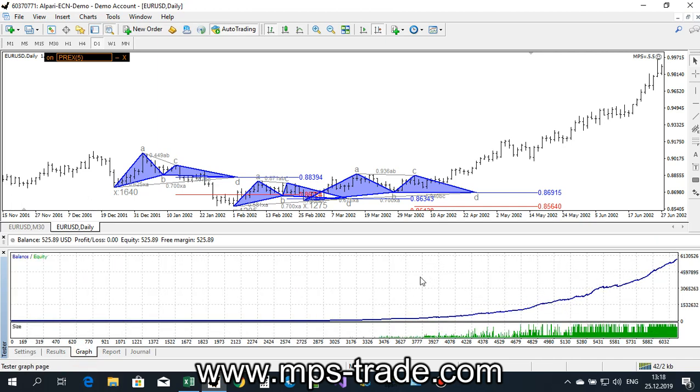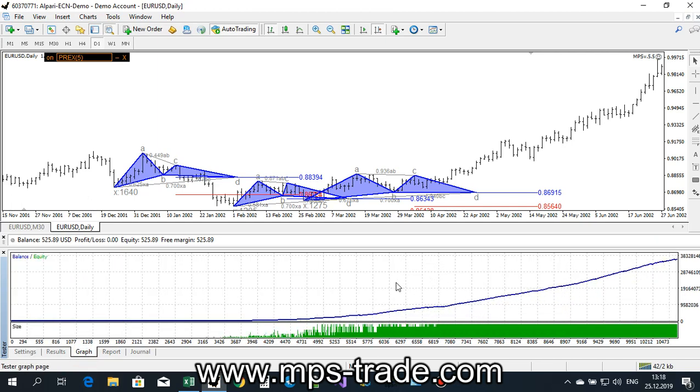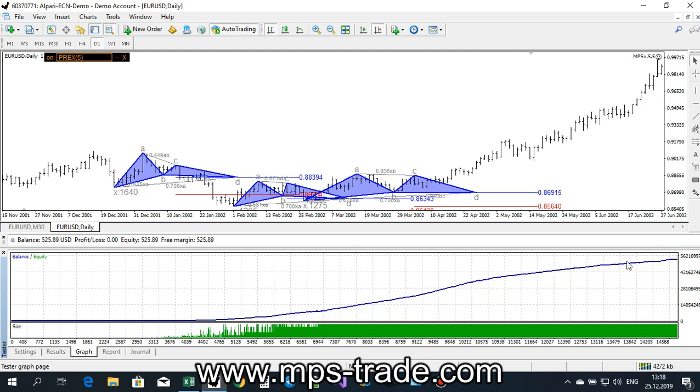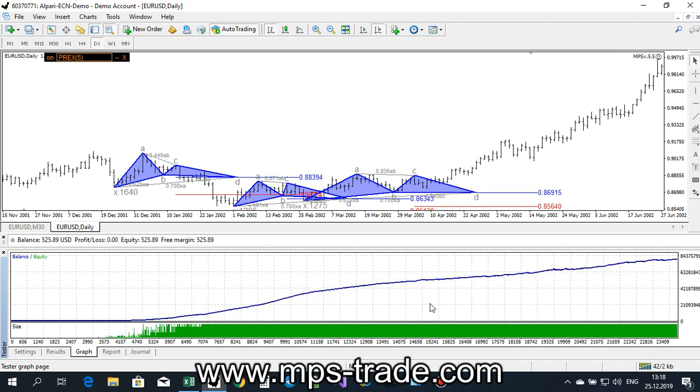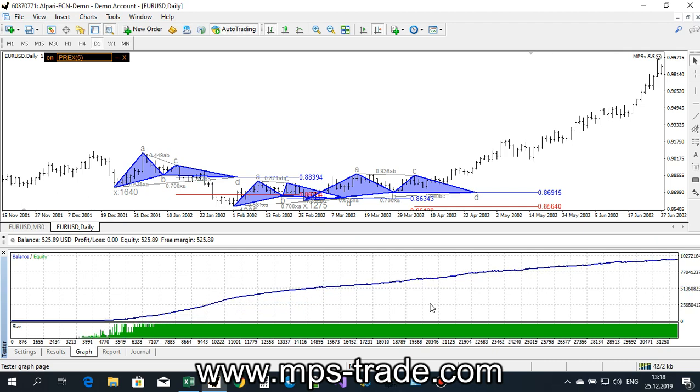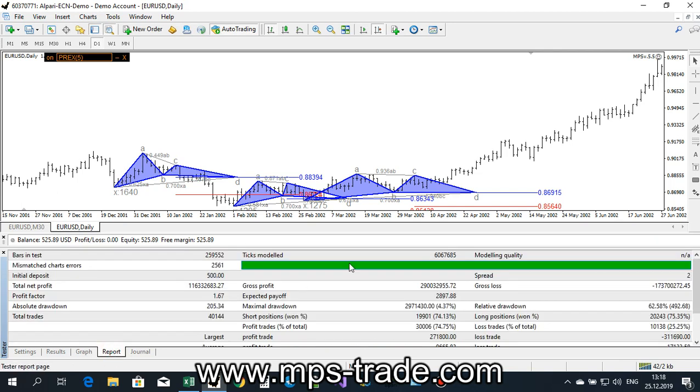So it is rising and moving to the highs, then it reaches the maximal possible position size, generating lots of money. So pretty promising result.